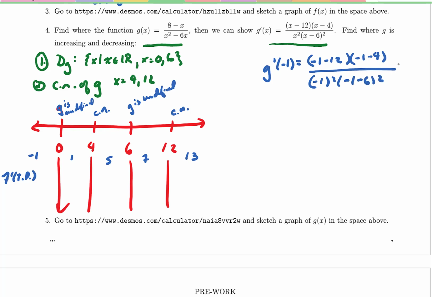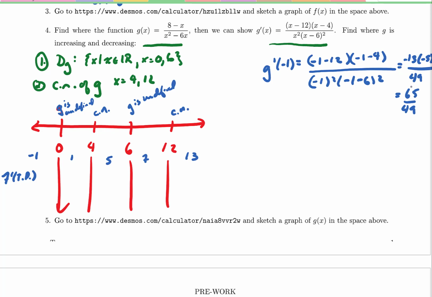And if we clean this up, we get -13 times -5 all over -1 squared, which is just 1, and that's -7 squared, which is 49. Okay. And so we get some value. That's 65/49, which doesn't reduce. So notice I did plug my test point into the derivative, and I got 65/49.